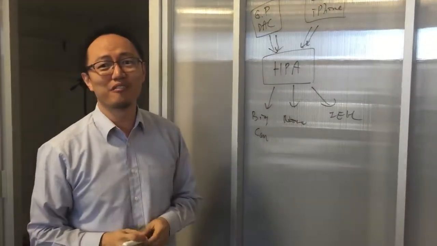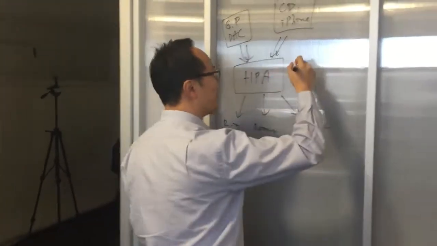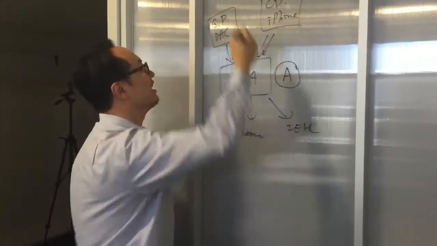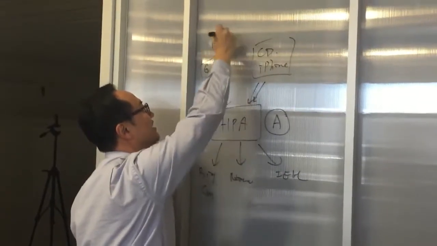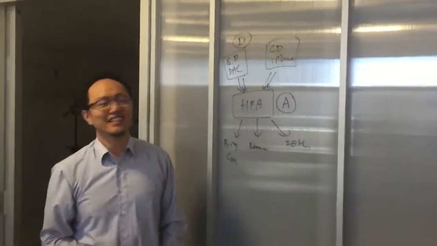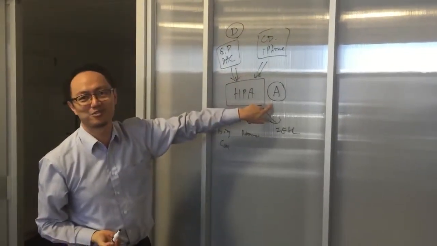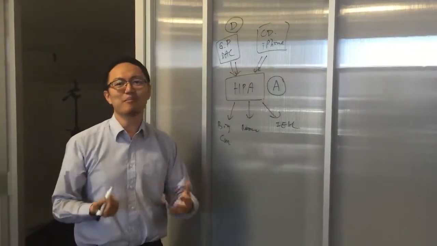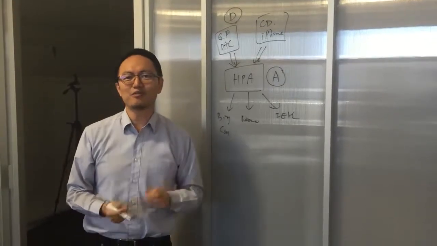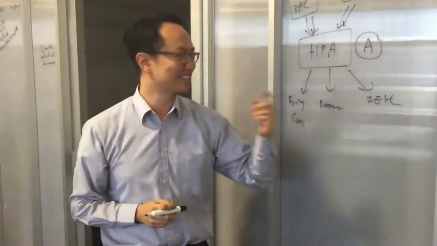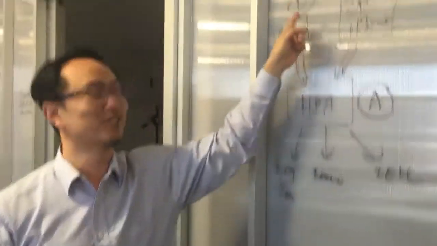And let's talk about the volume control. We have one knob here, A, and another thing, D. So digital volume control here, analog volume control here. How to make the best of it? First of all, you need to know the strengths of analog and the strengths of digital.